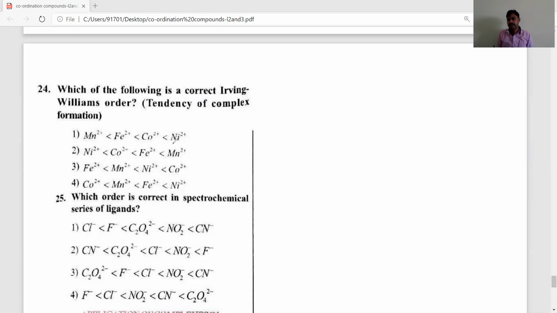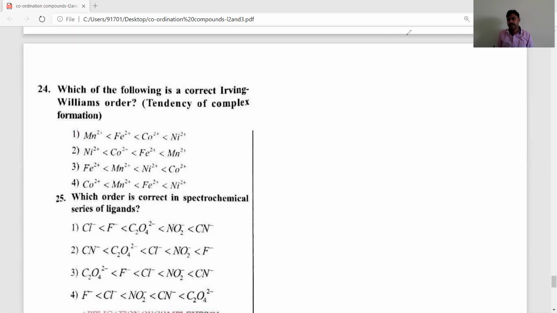In the 3d series, as the atomic number increases, the tendency of formation of complex compounds increases. So Mn2+ has less than Fe2+, Co2+ and Ni2+. In the +2 oxidation state, as the number of d electrons increases, the complex formation tendency increases. The first option is correct.